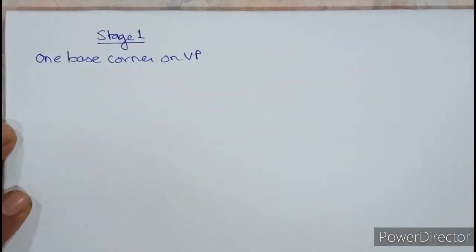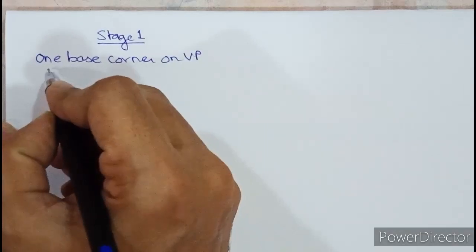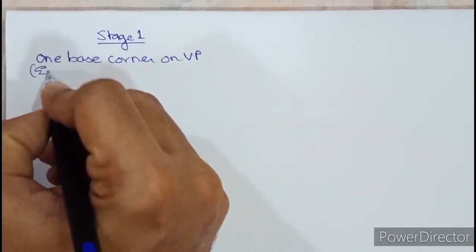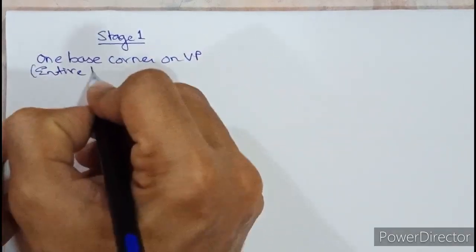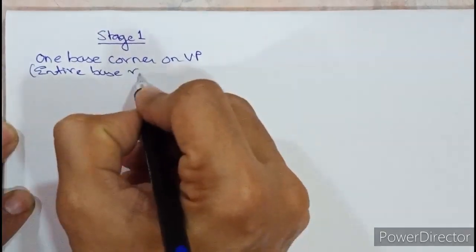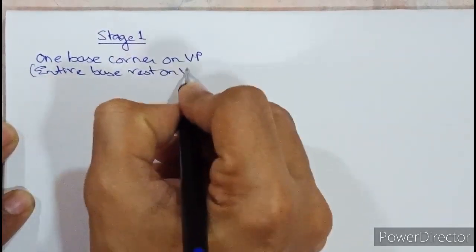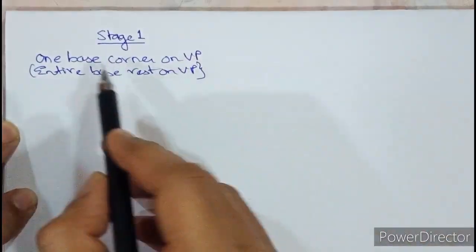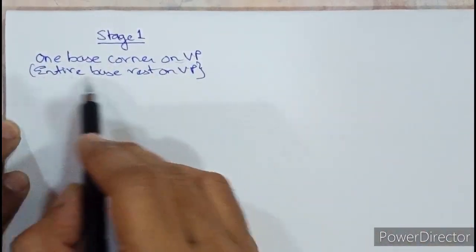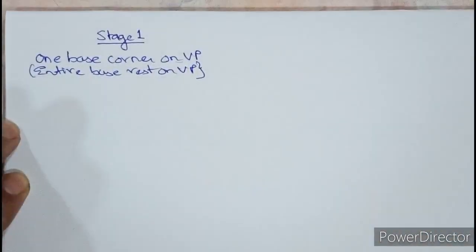This is our first stage, and we know that forcefully we need to make the entire base rest on VP. This condition has been given, but we need to satisfy what is written in the bracket.